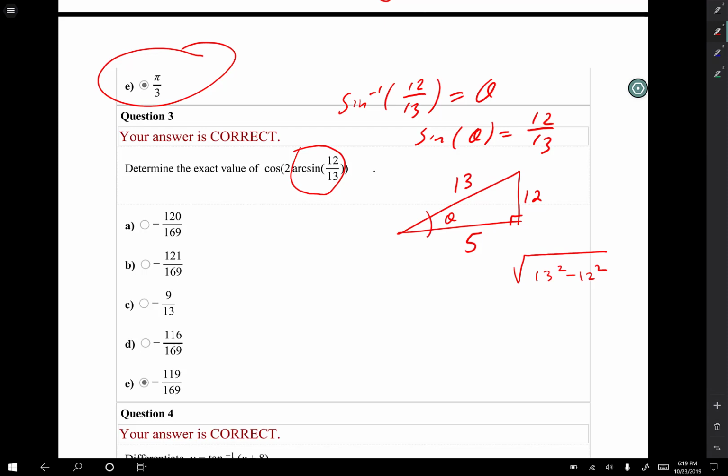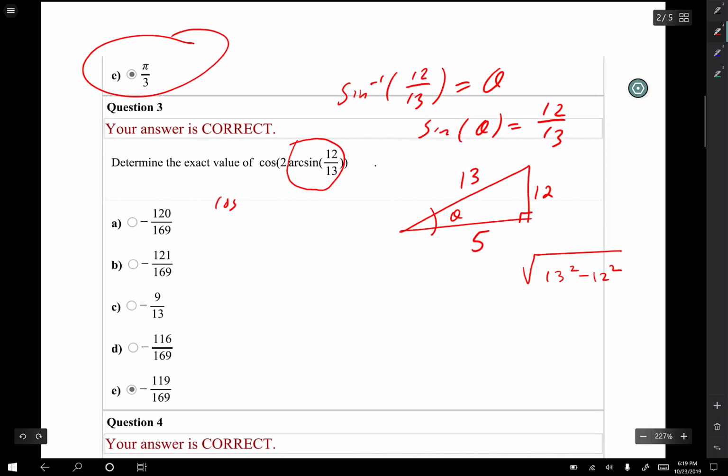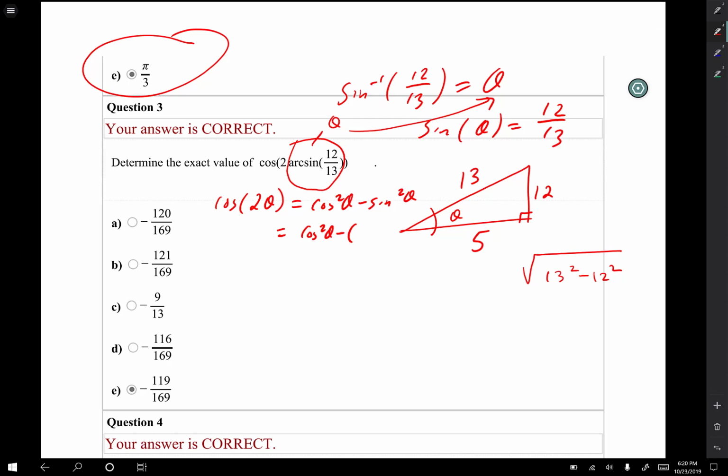All right, so what I really have is cosine of 2 theta, guys, because all this is just some angle. See? All of that is just some angle. So for cosine 2 theta, we actually have several routes. You can go cosine squared theta minus sine squared theta. You can replace the sine squared theta with 1 minus cosine squared theta, so distribute the negative, and you get 2 cosine squared theta minus 1.